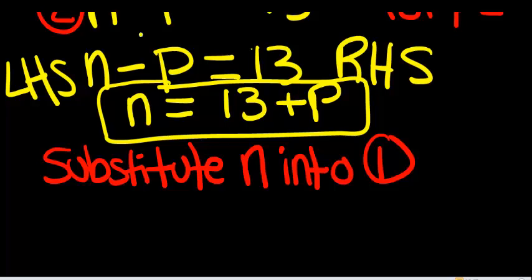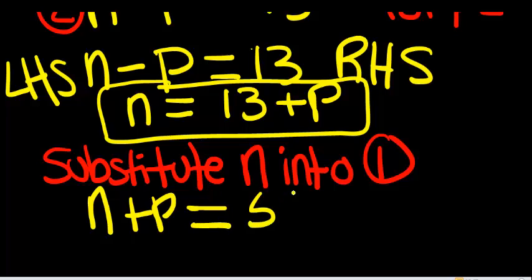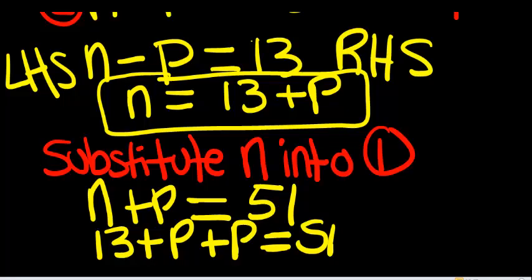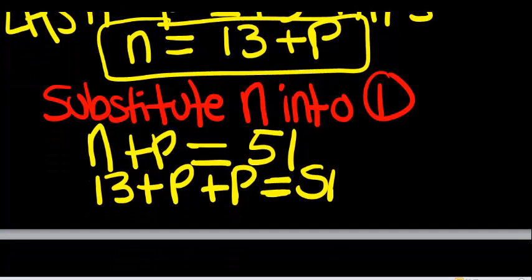The original equation 1 is n plus p is equal to 51. But I know that n equals 13 plus p, so I substitute 13 plus p for n. Now this is something we are very familiar with.